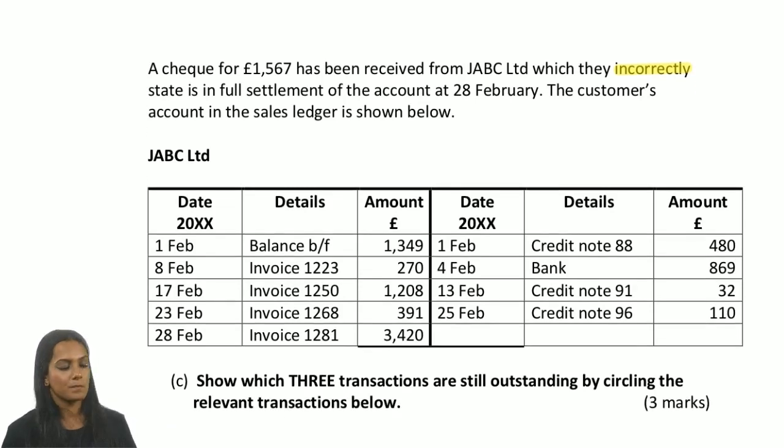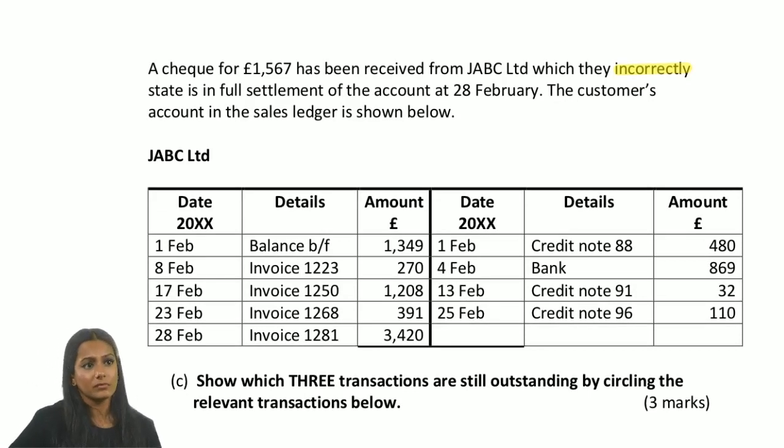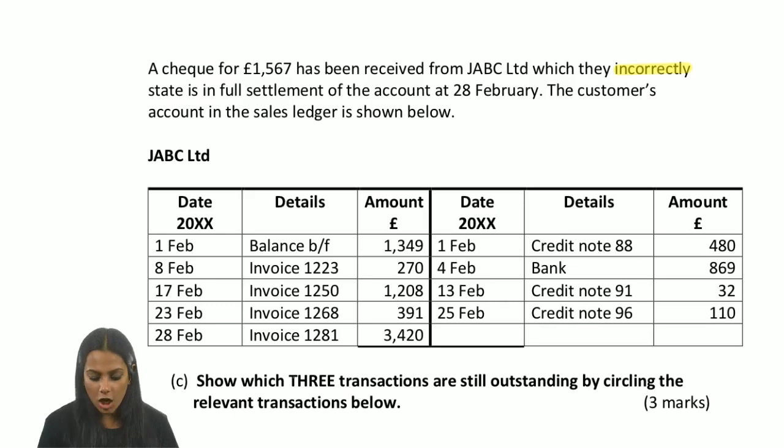So we've got JABC, that's their customer account, and part C of the question says show which three transactions are still outstanding by circling the relevant transactions below.